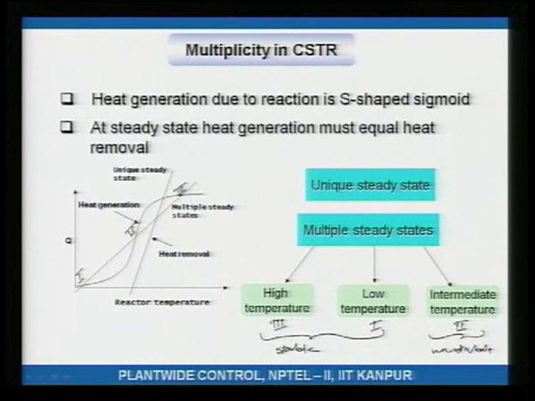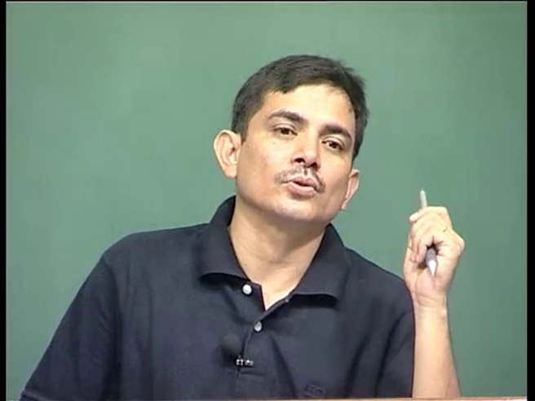In practice, though, it is usually desirable to operate at steady state number 2. That is because at steady state number 3, the temperature is too high and it will kill the catalyst. At steady state 1, the temperature is too low and reaction rates are not fast enough, so for a given conversion the size of the reactor would be too large, which means the reactor cost will be too high.